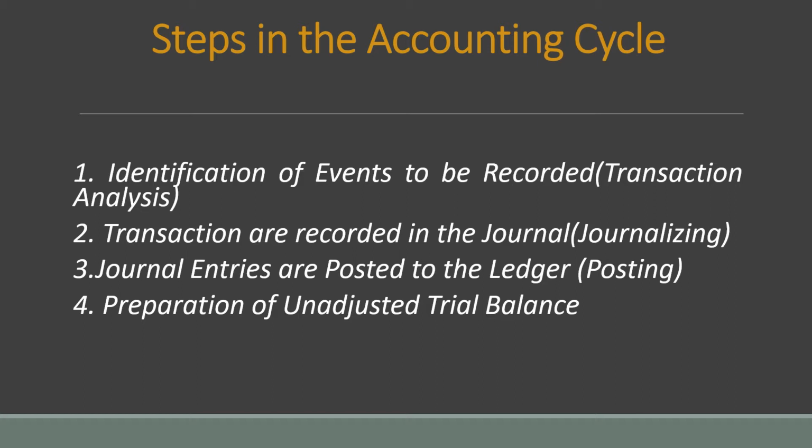The second step is transactions are recorded in the journal or yung tinatawag nating journalizing. So, the purpose of step 2 is to record the economic impact of transactions on the firm in a journal, which is a form that facilitates transfer to the accounts. So, after nating ma-identify yung events that we should record in the accounting books, then we proceed to step 2, wherein nire-record natin yung transactions through journal entries with the use of the general journal.